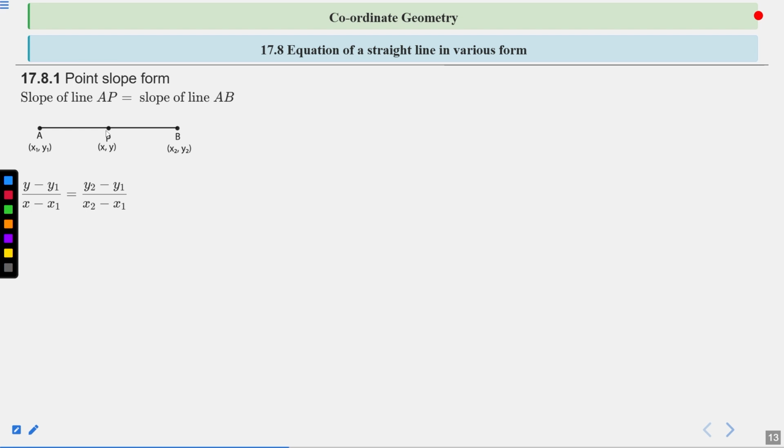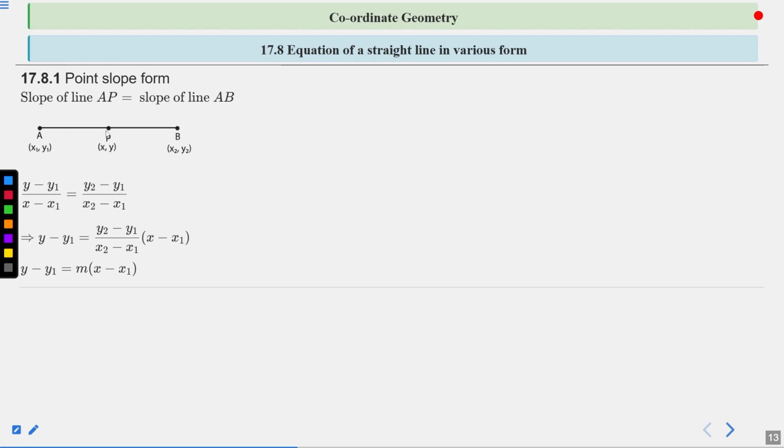So we can say that y minus y1 upon x minus x1 equals y2 minus y1 upon x2 minus x1. Or y minus y1 equals y2 minus y1 upon x2 minus x1 into x minus x1. We put the value of m, which is y2 minus y1 upon x2 minus x1. So we get y minus y1 equals m into x minus x1.